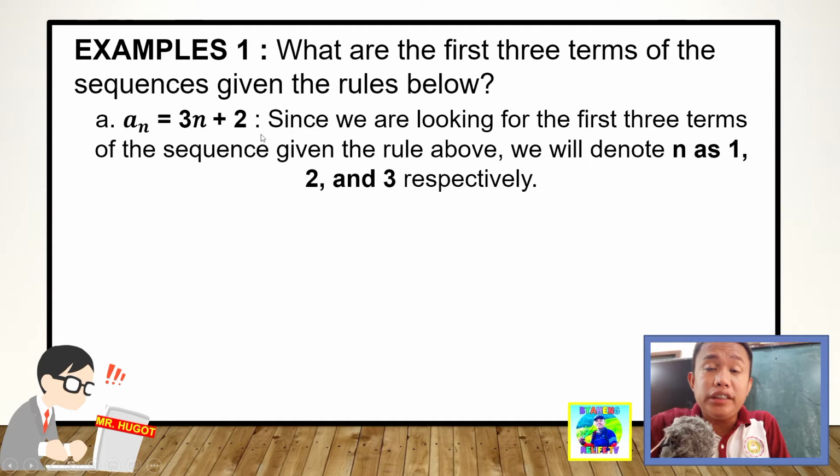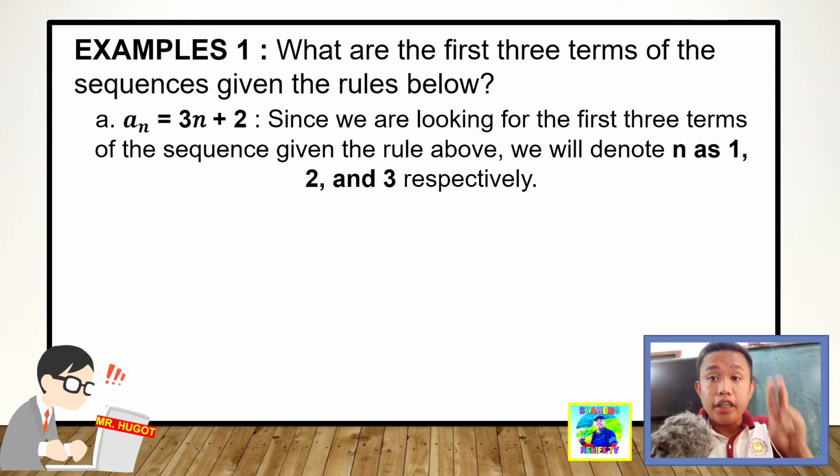Since we're looking for the first 3 terms, we're going to denote n as 1, 2, at saka 3. So, n will be the first term, the second term, or the third term. We're talking about their ordinal. Ordinal guys, pwede siyang maging first, second, third, fourth, fifth, sixth, so on and so forth. Kung ano yung placement niya sa ordinal number, yun yung gagamitin nating n.